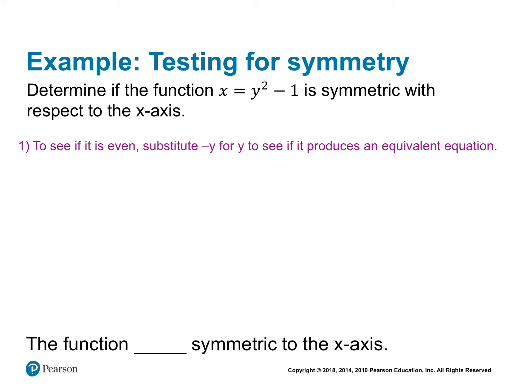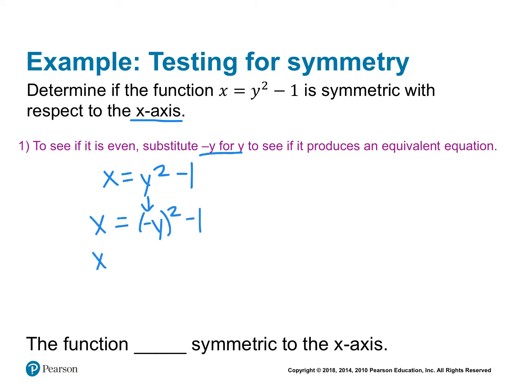Okay, if we look at this one, now we're going to see if it's symmetric with the x-axis. So same equation, but this time x-axis. For this one, we're going to substitute negative y for y to see if we get an equivalent equation. So let me write the original. Let me replace the y with a negative y. Bring everything else down.